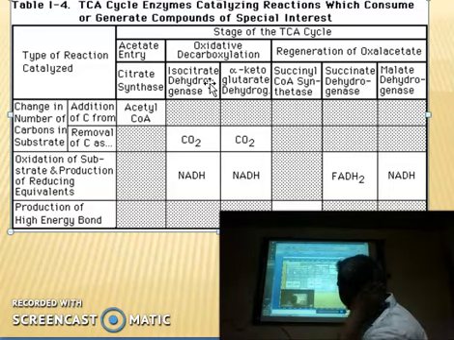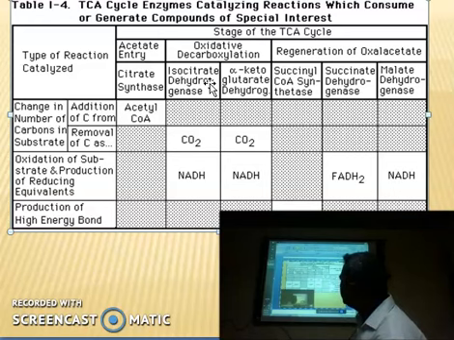Wherever you have NAD, you have to write this. Succinyl CoA is converted by succinyl CoA synthetase, then succinate dehydrogenase and malate dehydrogenase. Now succinate to fumarate, fumarate to malate, malate to oxaloacetate. Okay, and citrate, isocitrate, cis-aconitate.